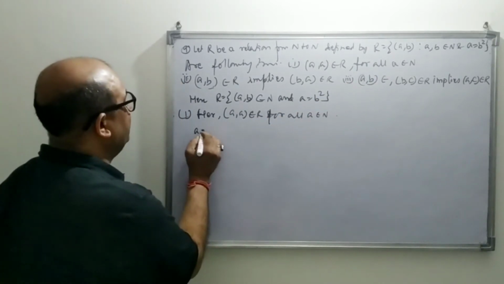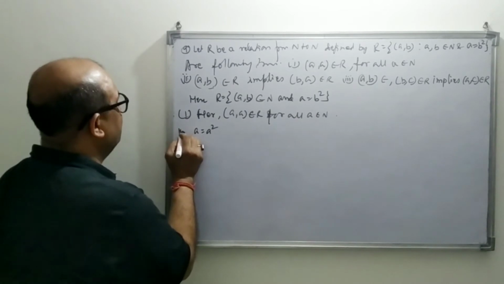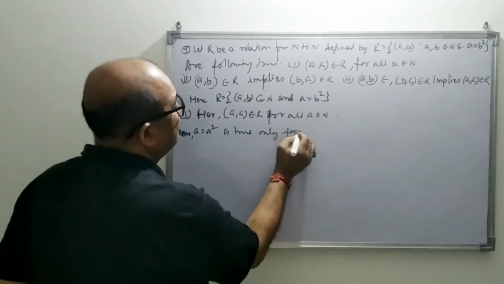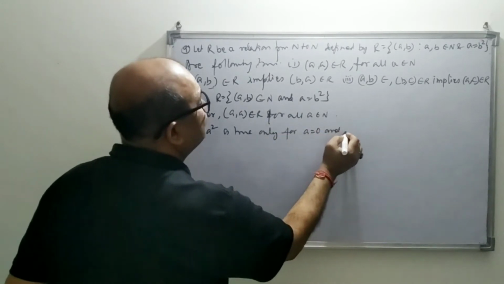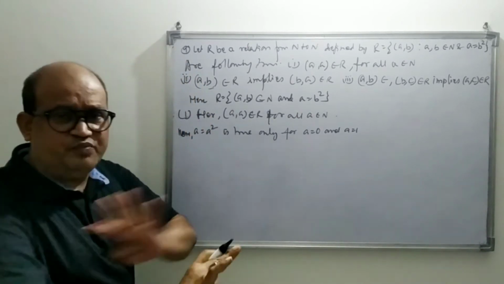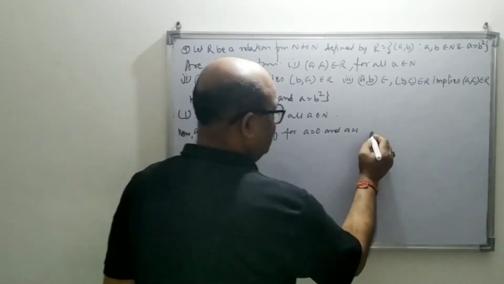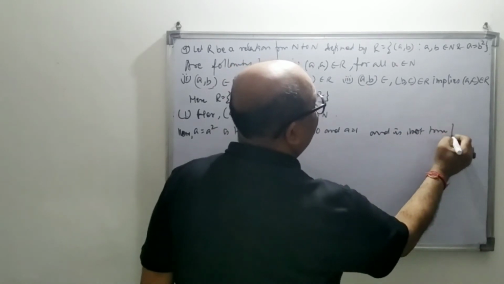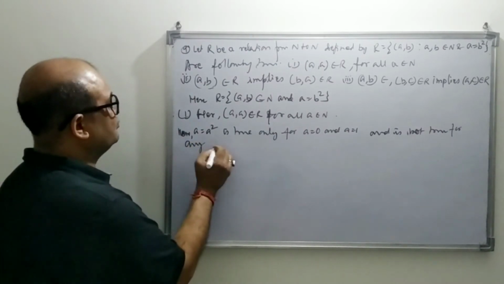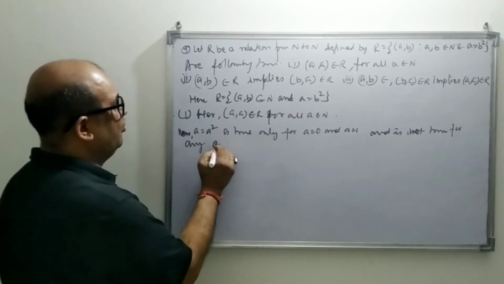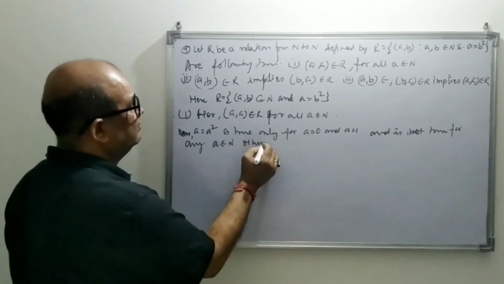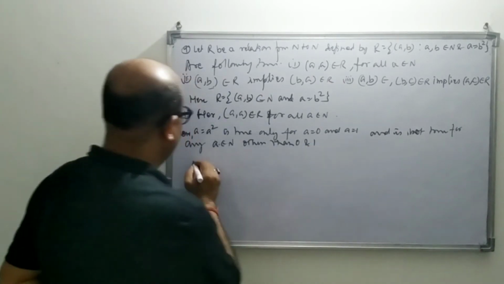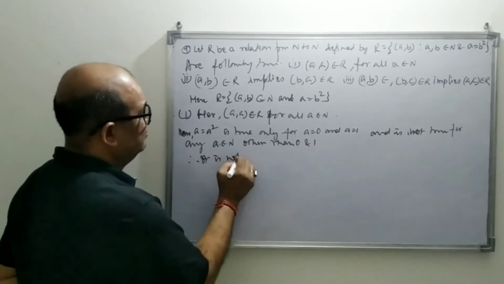Suppose a belongs to N, then a equal to a square. Here, a equal to a square is true only for a equal to 0 and a equal to 1, and it is not true for any a belongs to N other than 0 and 1. Therefore, it is not a relation.